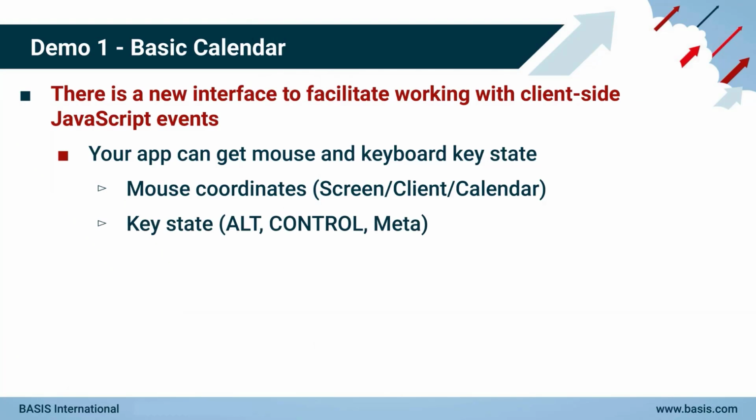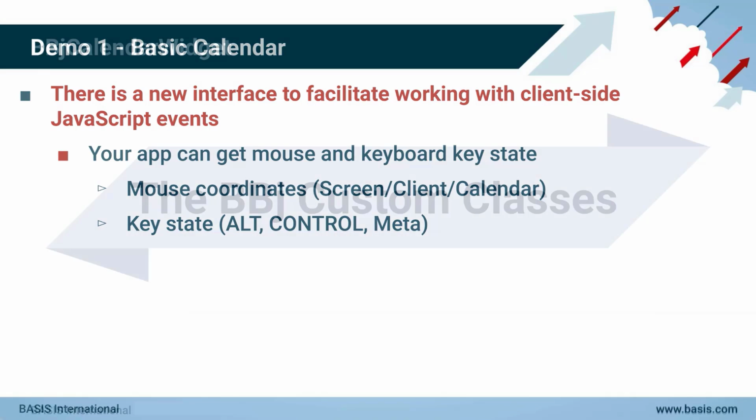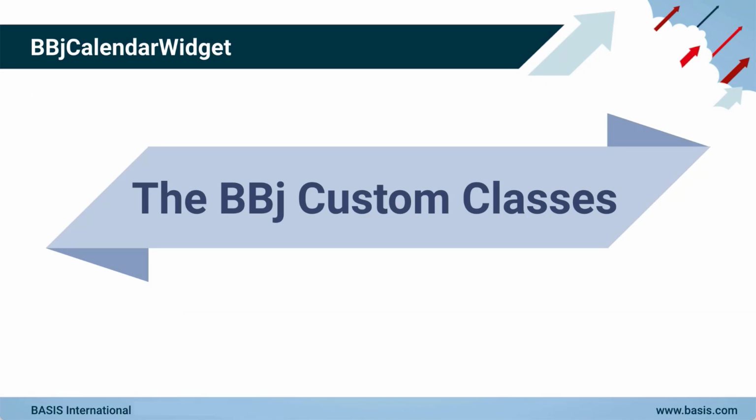It also simplifies getting the specific modifier key states, such as whether the Alt, Control, or Meta keys were pressed during the mouse click. This makes it possible to support several different operations for a single click based on the state of the keys.